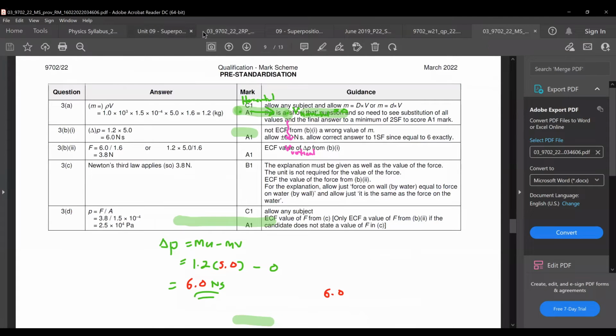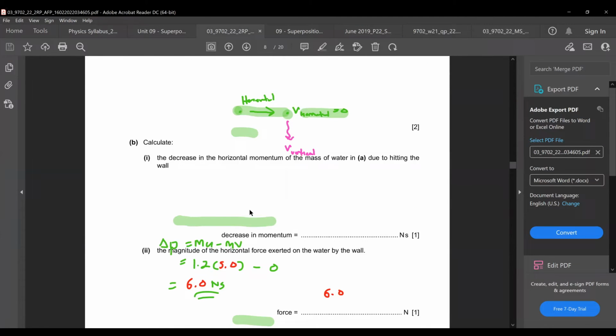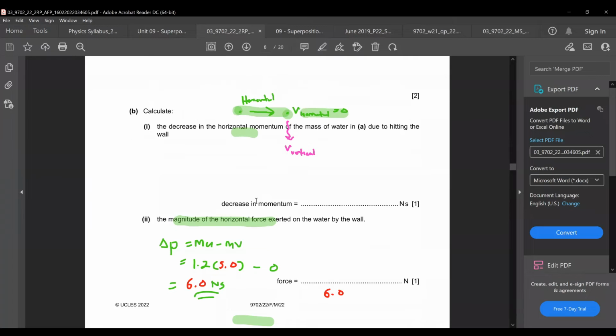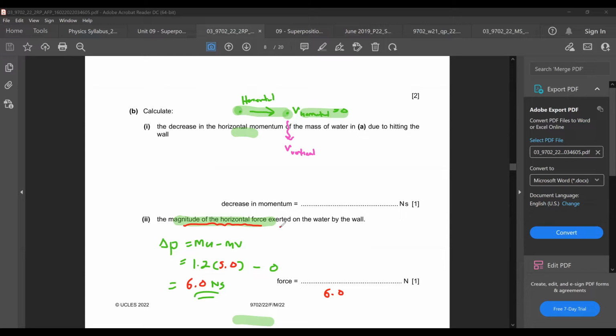All right. Then the next part, find the magnitude of the same horizontal force that is exerted by the water on the wall. Force is rate of change of momentum. So you just take the change in momentum that you had before and divide by 1.6.